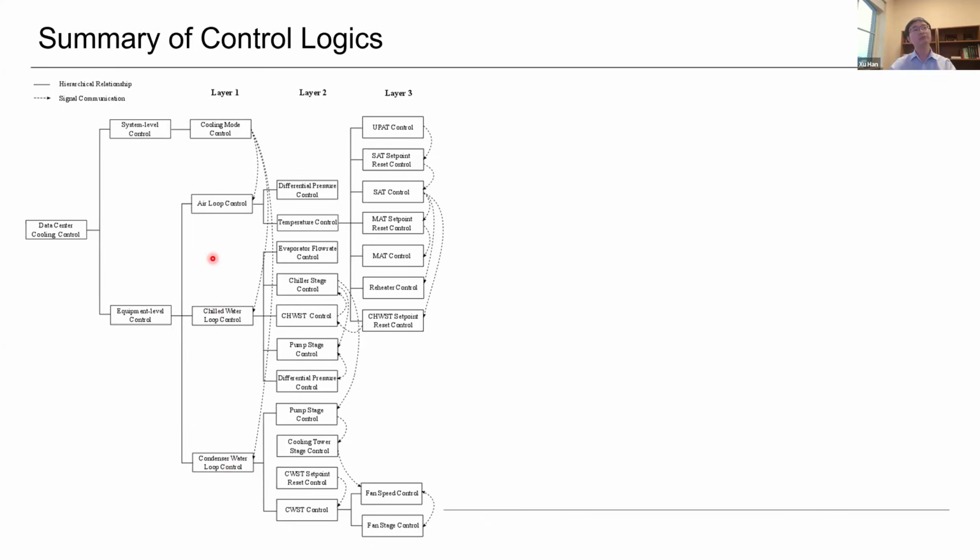If we look at, for example, the chilled water loop, that has the evaporator flow control, chiller stage control, because we have two chillers, right? Chiller staging control and chilled water supply temperature control, right? The pump stage control, differential pressure control. So all of the controls are all connected with each other, right?